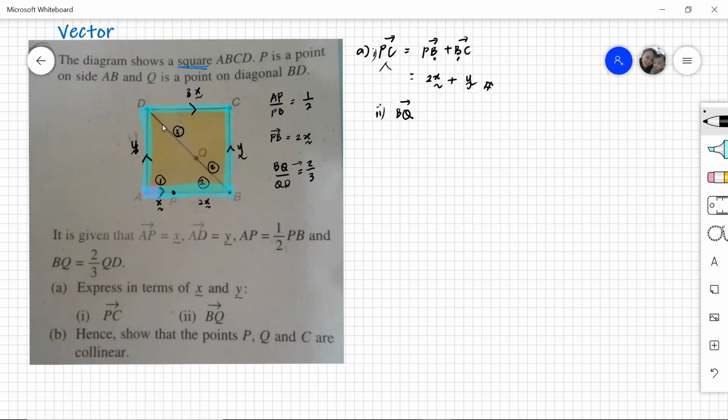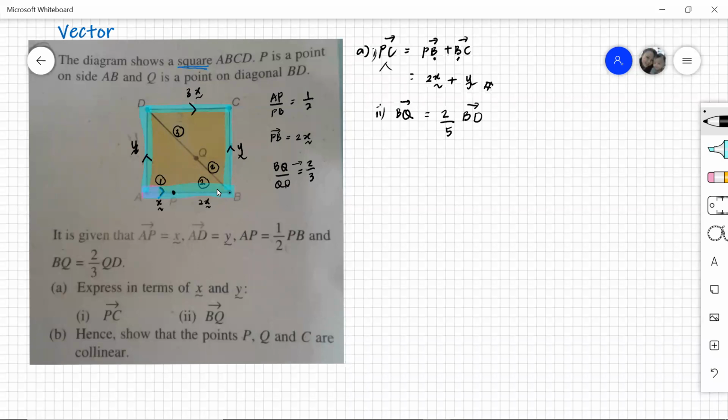Always connect from a point on the blue path to another point on the blue path, because the blue path is the path that we have. In this case, B to Q is 2 parts out of the total. You see, 2 plus 3 parts, so 5 parts. That means from B to D we have 5 parts. Therefore, BQ is 2 out of 5 of BD.